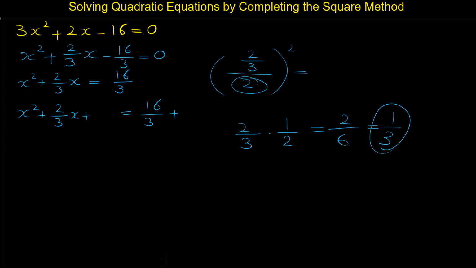The other way that you can find this 1 over 3: cancel these 2s and you get 1 over 3. Anyway, 2 over 3 divided by 2 is 1/3.